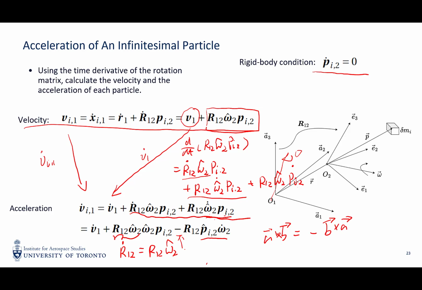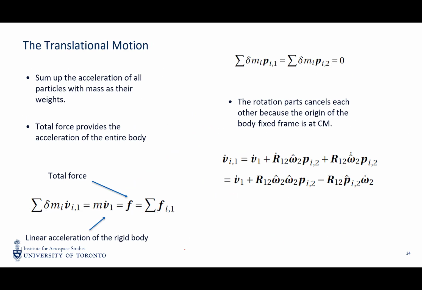And since we have acceleration, we can apply Newton's second law. So in the translational channel, we have the following. What we do here is directly do a weighted sum of all the inertial accelerations of each point mass, and it should give us the total force on the entire body.